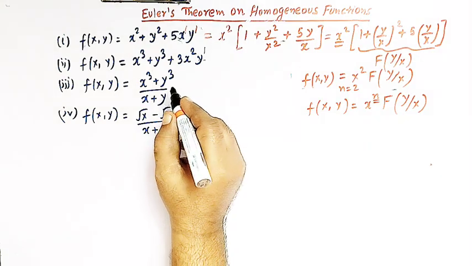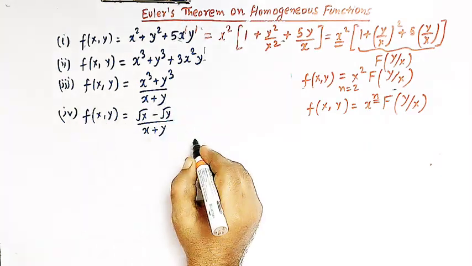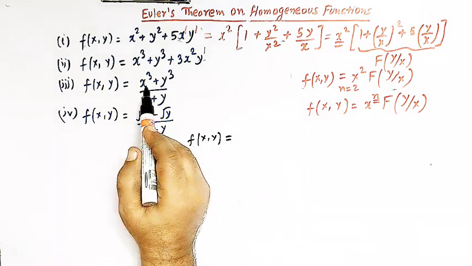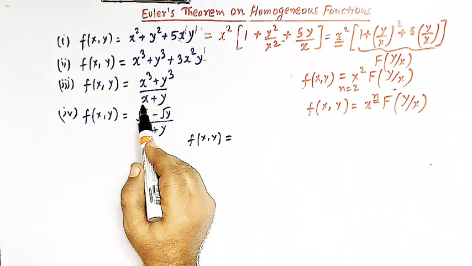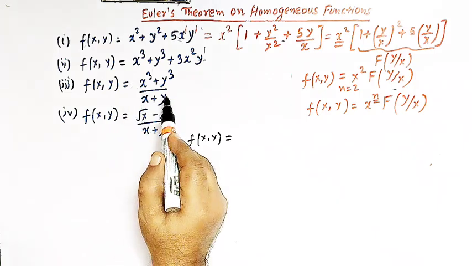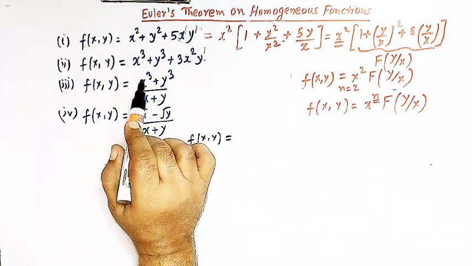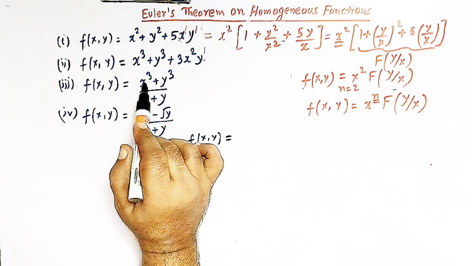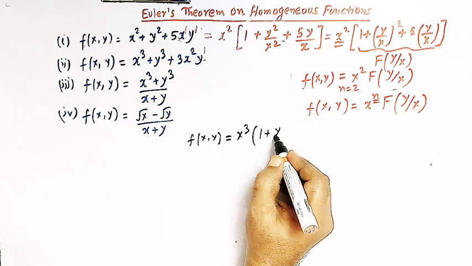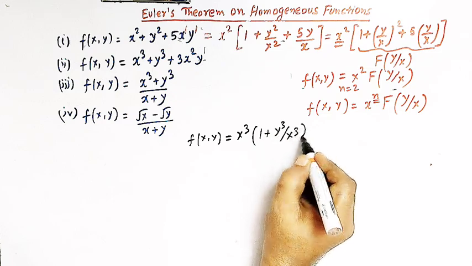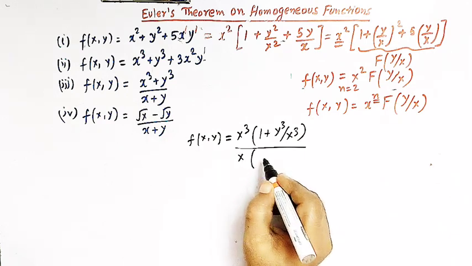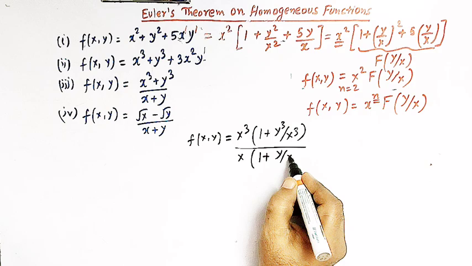Now let us consider the third example. Here we have f of x comma y is equal to x cube plus y cube divided by x plus y. In order to express this function in this form, in the numerator we will take x cube common, so we have 1 plus y over x whole cube, and in the denominator we can take x common, and we have 1 plus y over x.